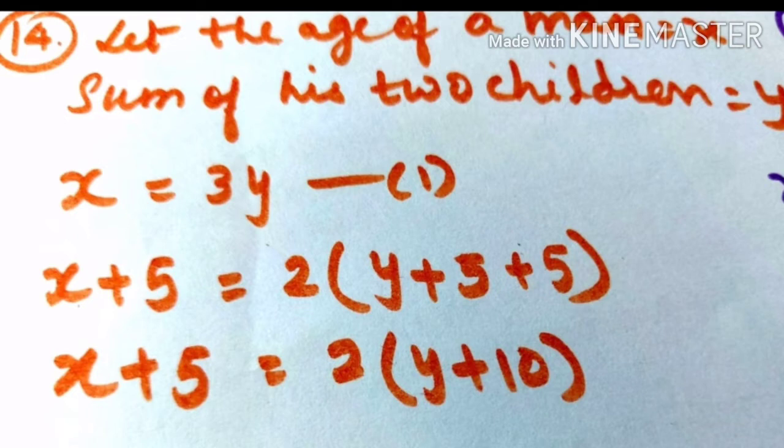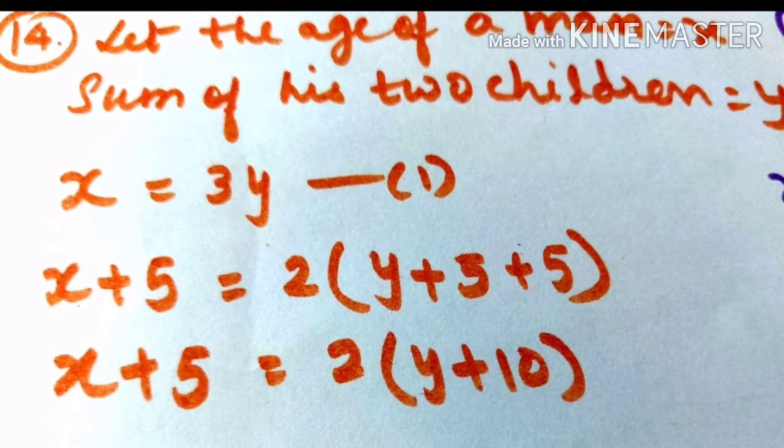For our second equation, I read further. And 5 years hence his age will be, see here, 5 years hence means after 5 years, the man's age will be x plus 5. So x plus 5 will be double the sum of their ages. Double the sum of ages means there are two children.